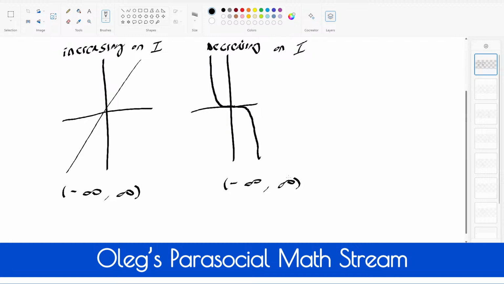In other words, R of x is the sale. I'm going to write all this stuff out in a minute here.